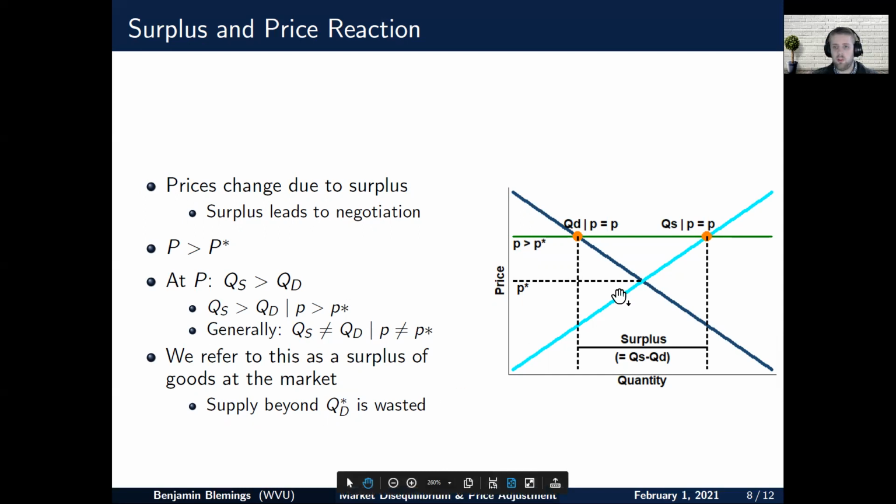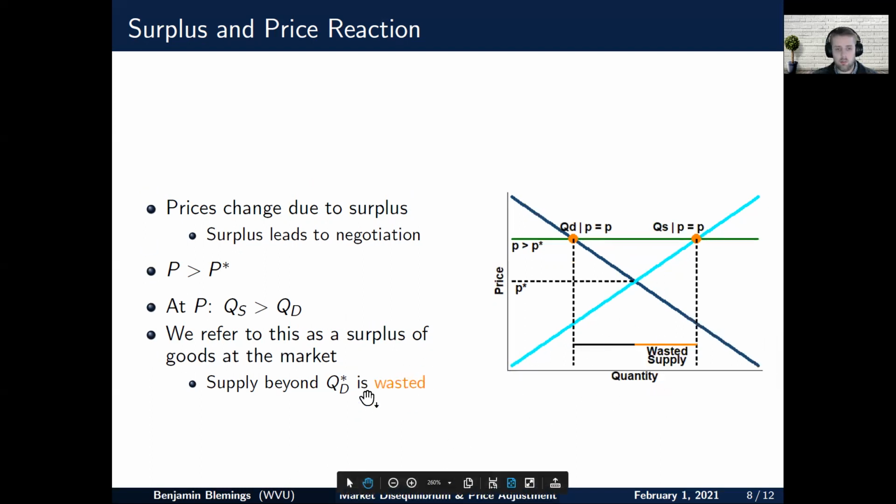And so we refer to this situation here, this gap between quantity supplied and quantity demanded, as a surplus. So all the supply beyond QD star, beyond the equilibrium quantity demanded, is wasted supply. All of this is not even being sold in the market at the current price.